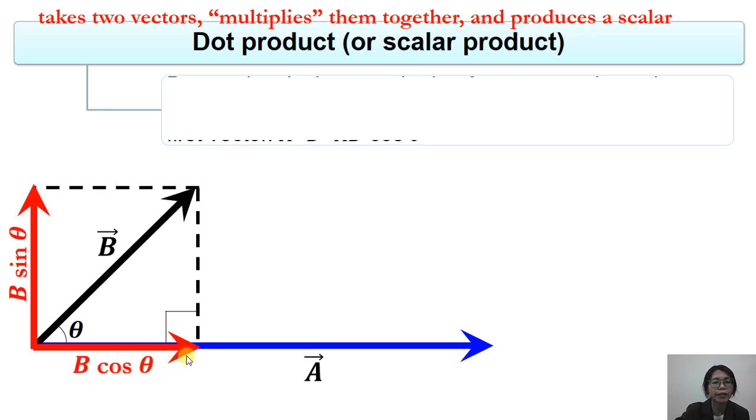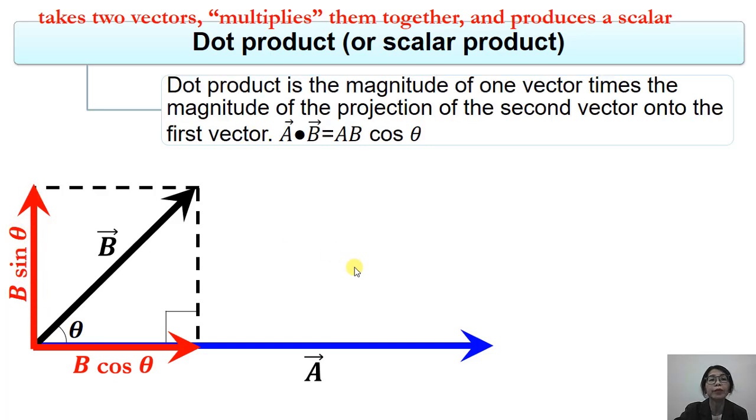For the x direction, we have B cos theta, and for the y component, we have B sin theta. Dot product refers to the magnitude of one vector times the magnitude of the projection of the second vector on the first vector, whereby A dot B is AB cos theta.